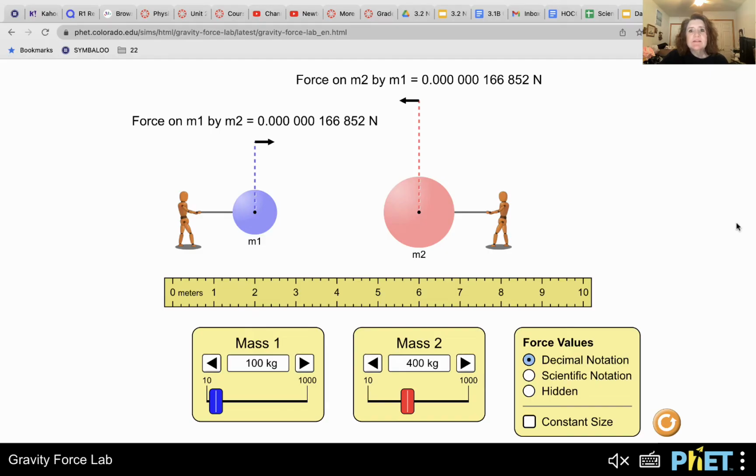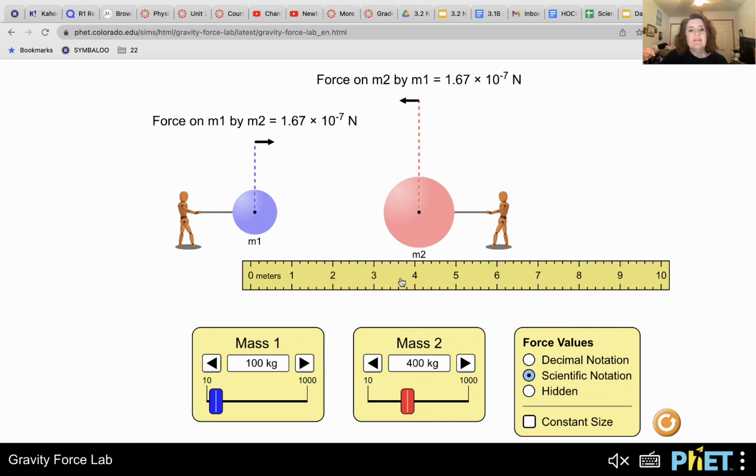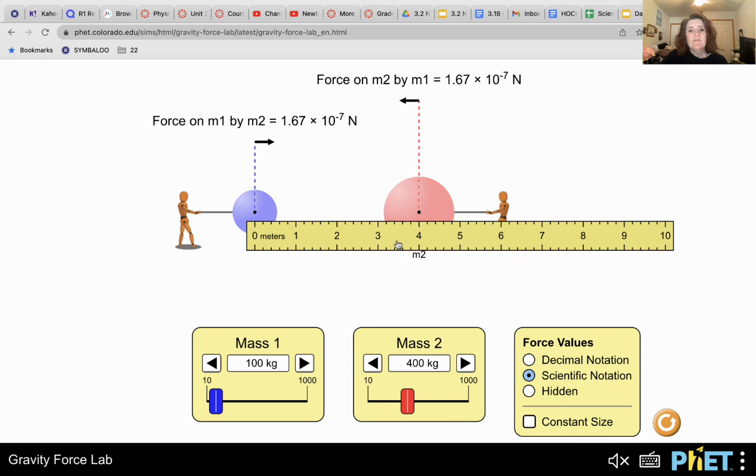We're going to be using a simulation to help you see and understand and actually do some calculation. First, be sure that you're in scientific notation and that your sound is turned off. Notice that these two objects, the blue object has a mass of 100 kilograms, the second object has a mass of 400 kilograms, and they are standing 4 meters apart.